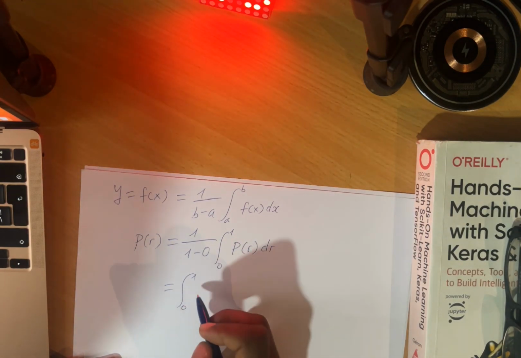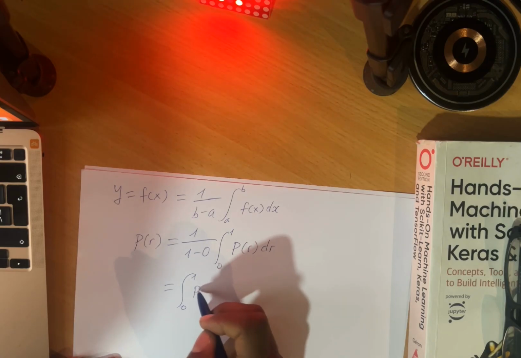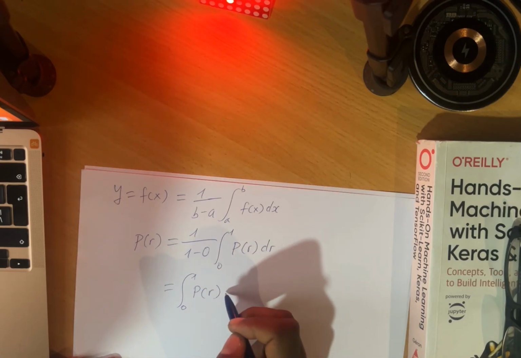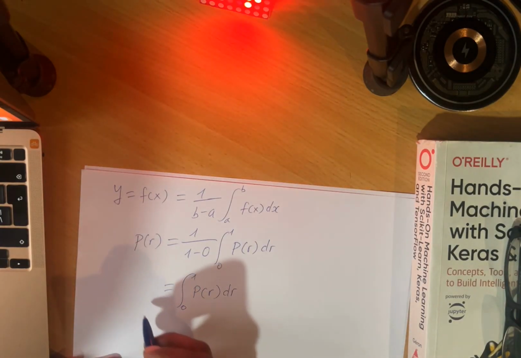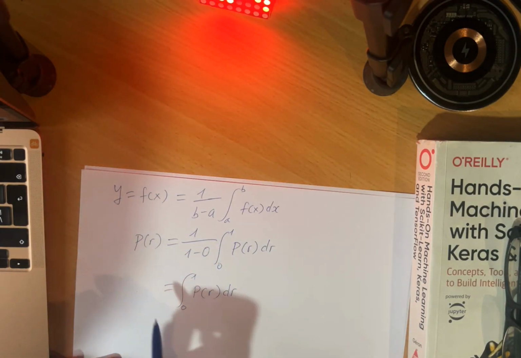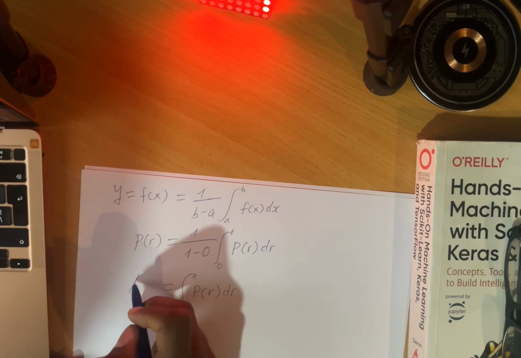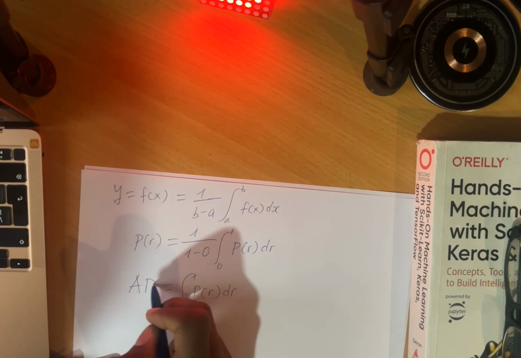So we have this P(R) dR, and this is going to be average precision.